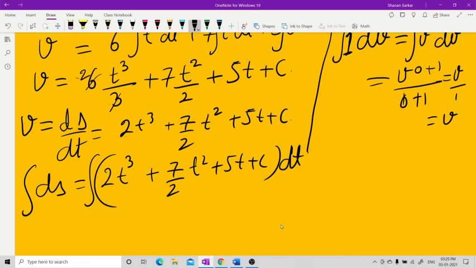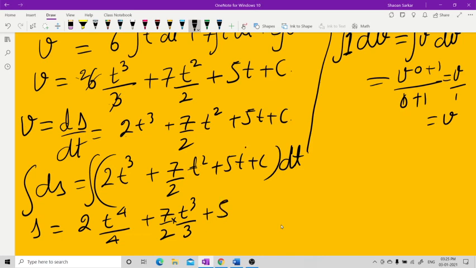As I did for dv, this will become s, this will become 2 t to the power of 4 by 4, because 3 plus 1 upon 3 plus 1. This is 7 by 2 common, t square dt, so this will become t cube by 3, 5 t to the power of 1. So again let me write down the formula here so that you will always remember this formula.